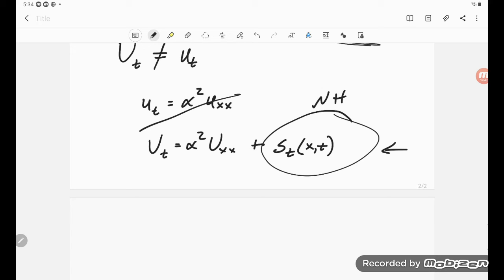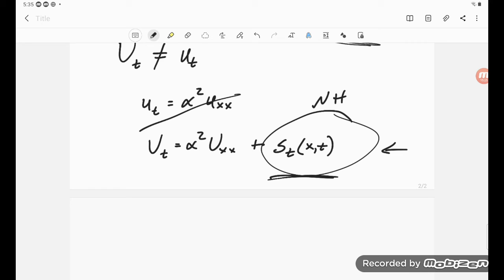So we can change it to something where we do expect a particular steady state, that's our s of x and t, but unfortunately I can't just say we're going to get the coefficients like we did before, and all of that.